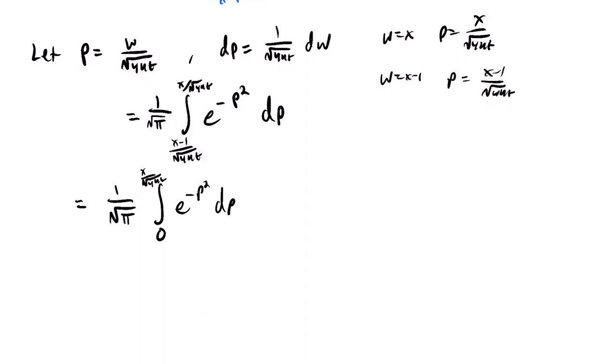Well, the integral I have above is equal to this minus the piece corresponding to, let's suppose that x minus 1 is positive, so that the lower bound is bigger than 0. Then I just have to subtract off the remaining piece, right?